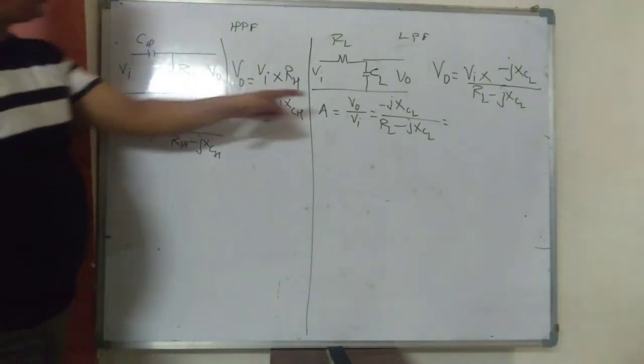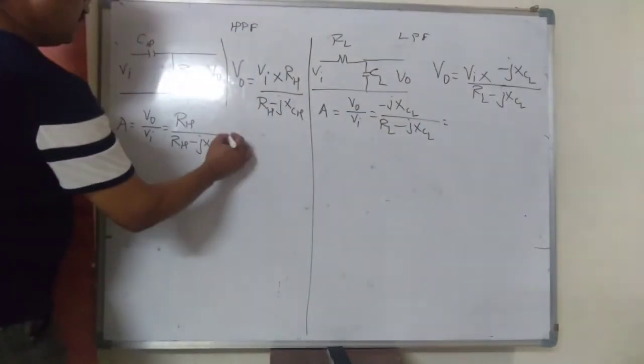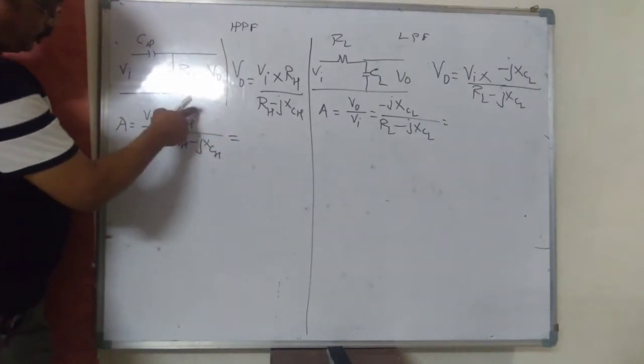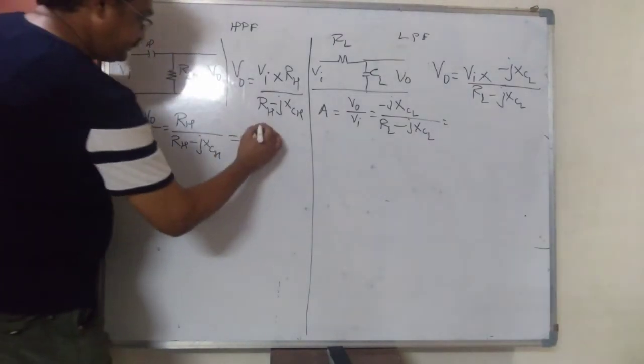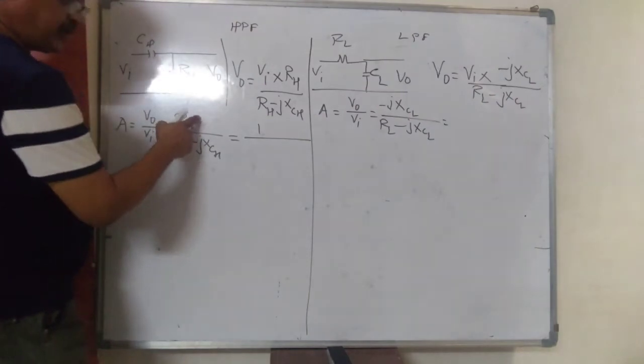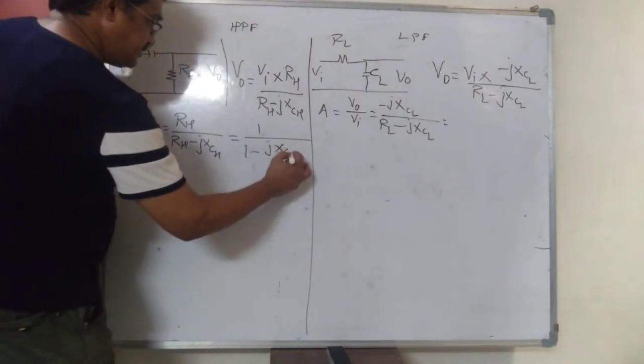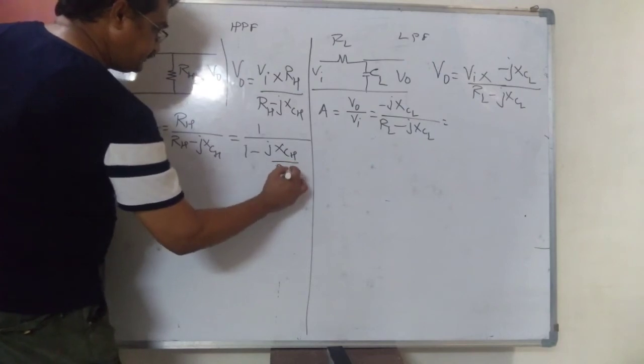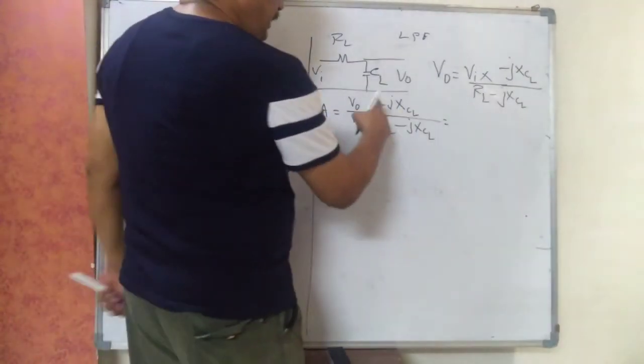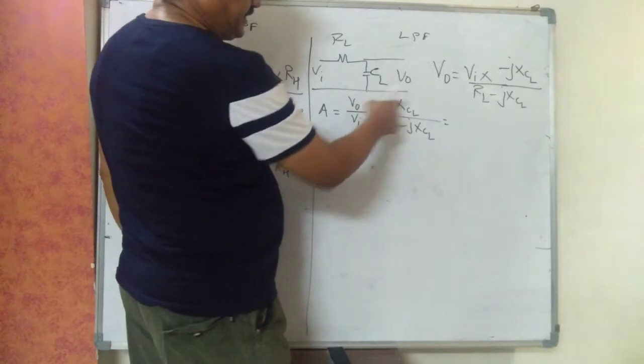Right? Now I am dividing numerator and denominator by RH. RH upon RH is 1, RH upon RH is 1 minus jXCH upon RH. I am dividing numerator and denominator by minus jXCL.